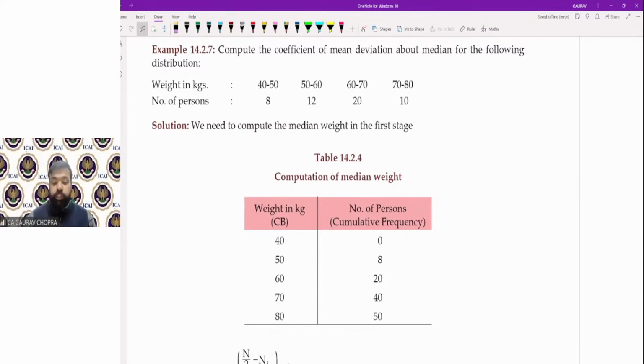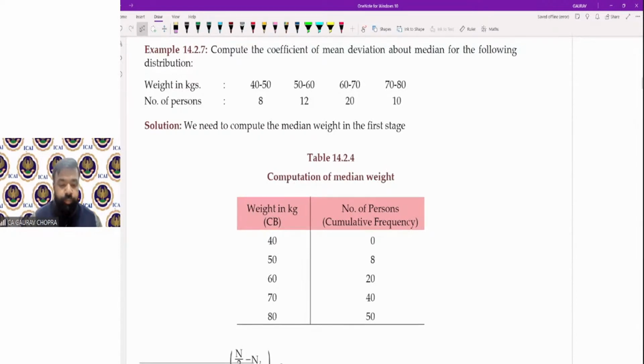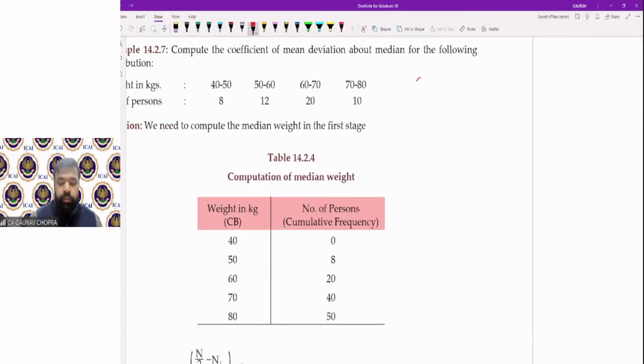Now, the next one is a continuous series question. Mean deviation about median you have to calculate. Whenever deviation is taken from median, the first thing is to calculate the median. For calculation of median, you have to follow all those steps. So let's calculate.